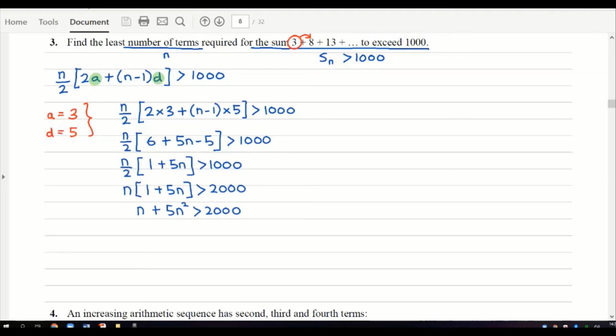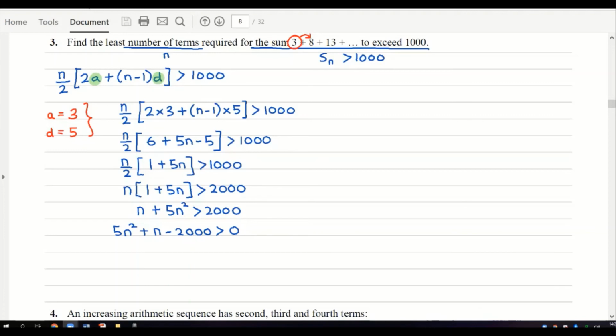Right, we have a quadratic inequality. Let's get everything onto one side of the quadratic inequality. So 5n squared plus n subtract 2,000 is greater than 0.